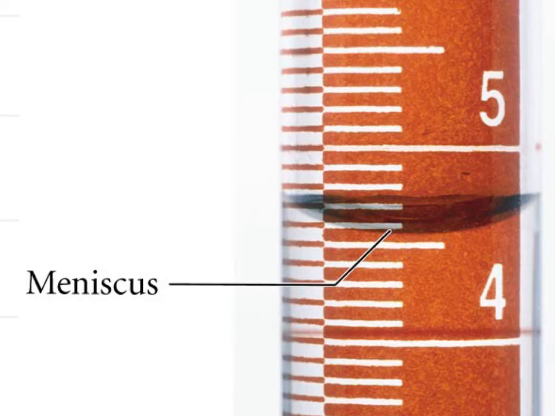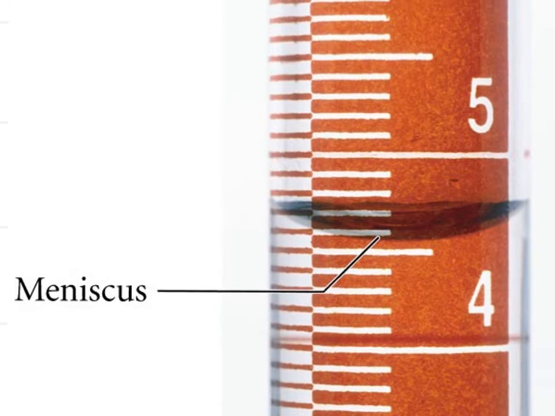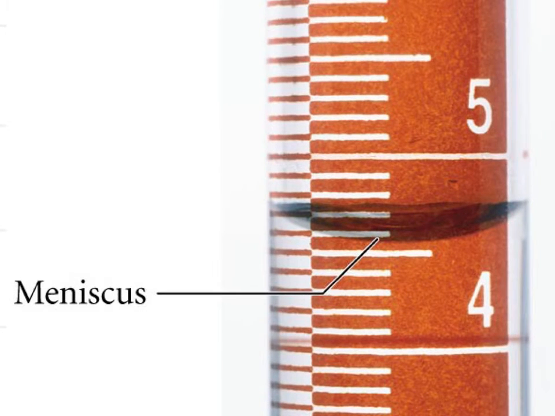Okay. So if we zoom in, it forms the meniscus here. So to read this, we know it's 4. Okay, so this is 4.1, 4.1, 4.2, and this is 4.5.